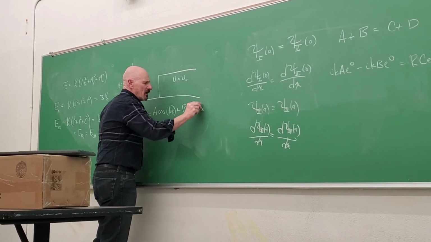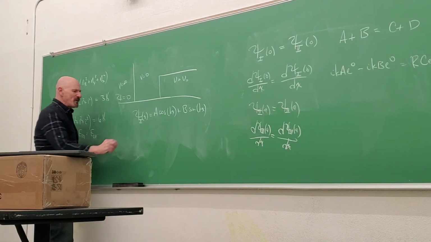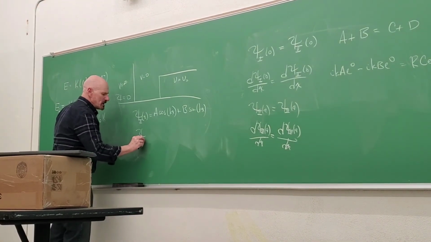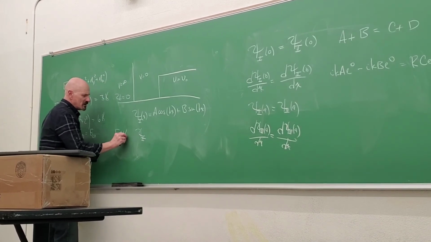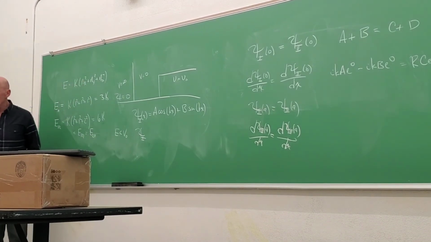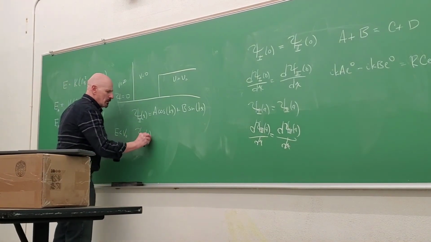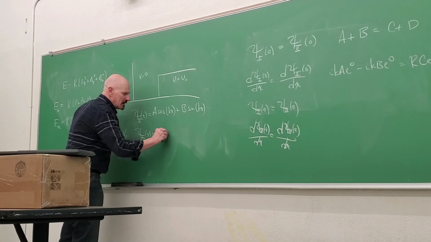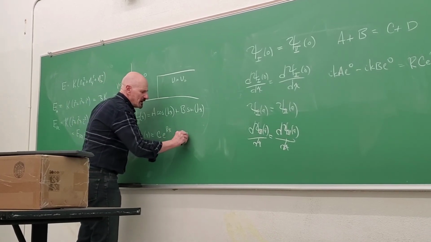That's the correct answer. Your wave function in region 3, where the energy of your particle is less than the potential, will be real, and it will be equal to C e to the Rx plus D e to the minus Rx.